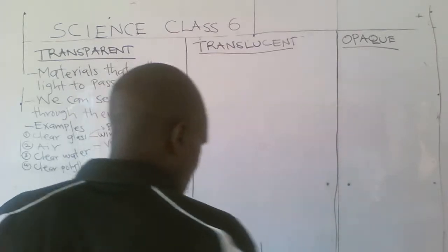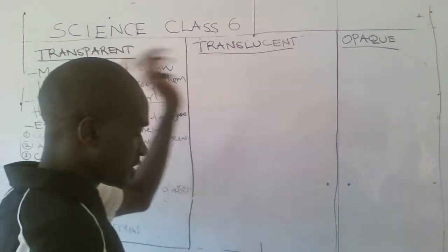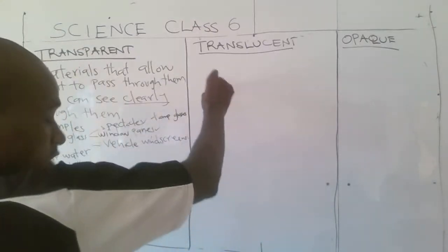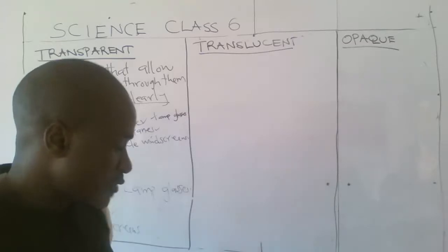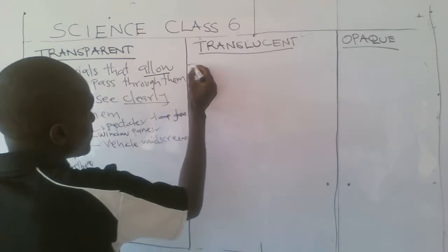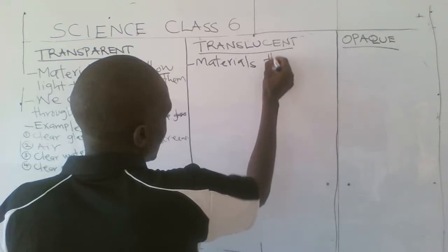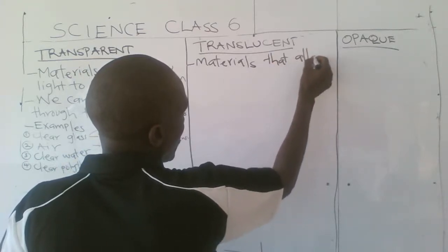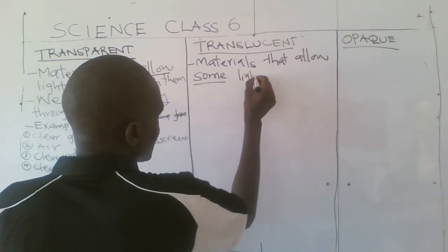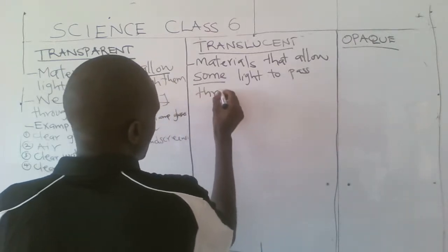Now I want us to move to the second one, which is called translucent materials. We want to find out what kind of materials these are. Translucent materials are materials that allow some light to pass through.